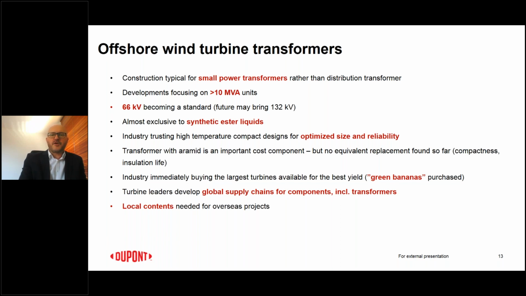Sometimes the components of the transformers or the complete transformers are made locally, so that when a country like Taiwan is looking at the development of new offshore wind farms, the local industry would get some benefit from producing the components for these new developments.